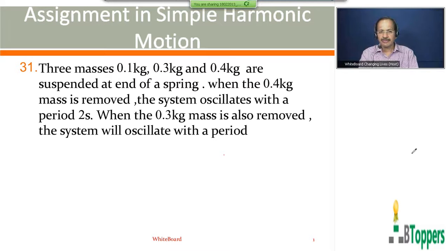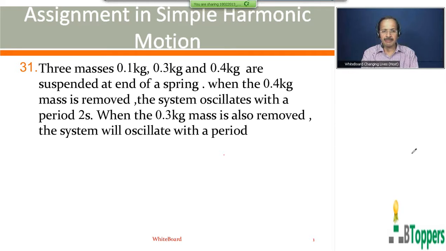Come on, look at the starting question number 31 in the assignment in simple harmonic motion. I am going to read the question number 31 now. Three masses 0.1 kg, 0.3 kg and 0.4 kg are suspended at the end of a spring.